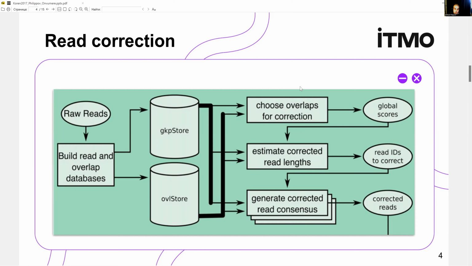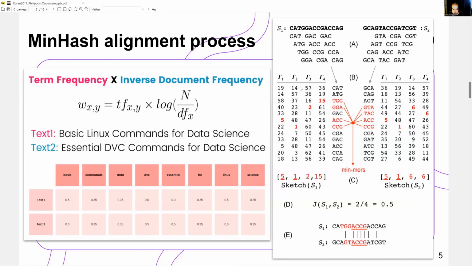So the procedure utilizes the k-mer approach, but let me say in advance that the whole Kano pipeline is revolving around reads, not k-mers. For overlap detection, the reads are divided into k-mers, and to bypass this computational bottleneck, the min hash alignment process is utilized.